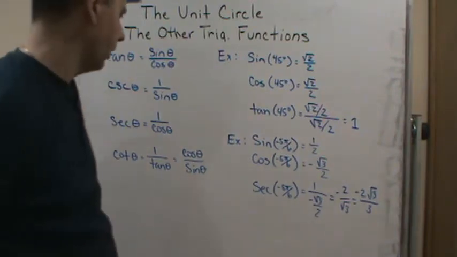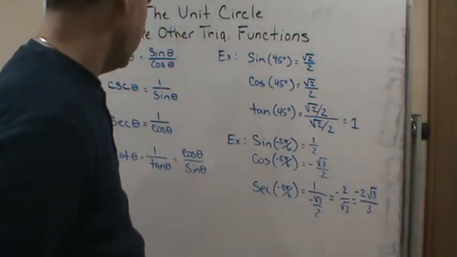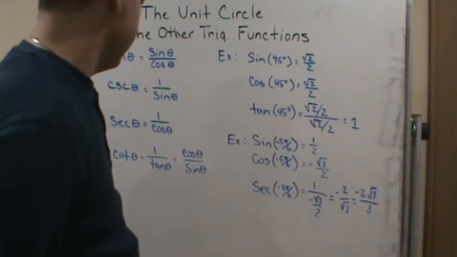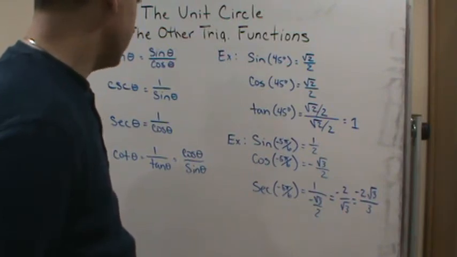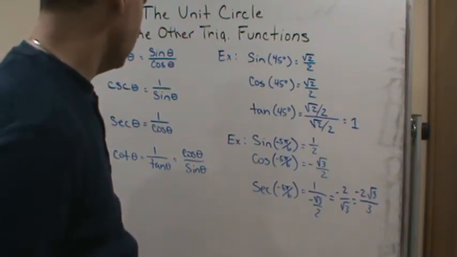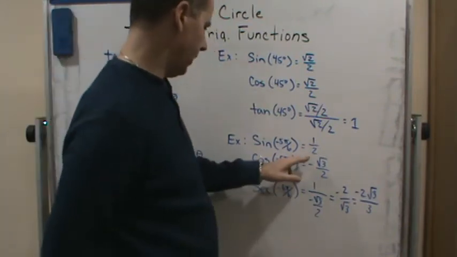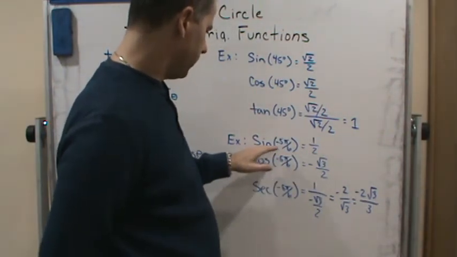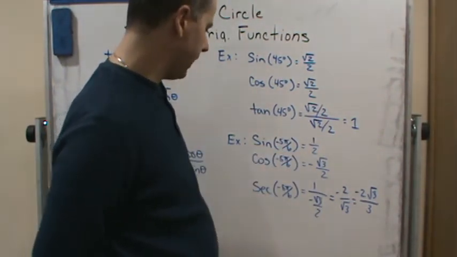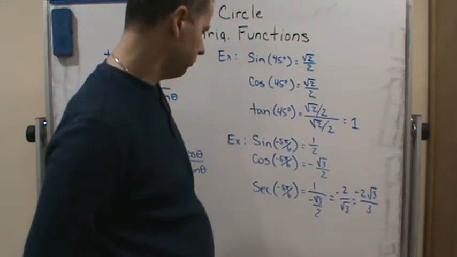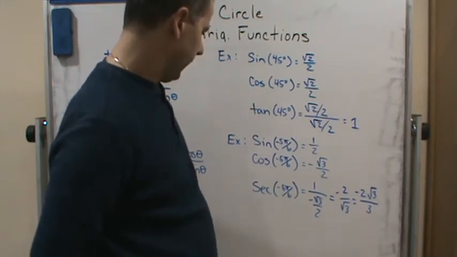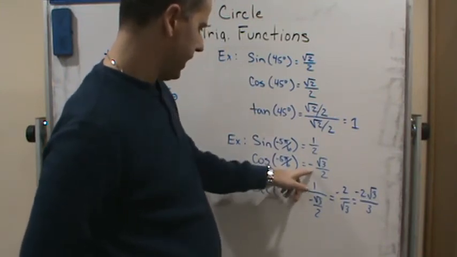Now, think about this. Here they're saying sine is 1/2 and cosine is negative.